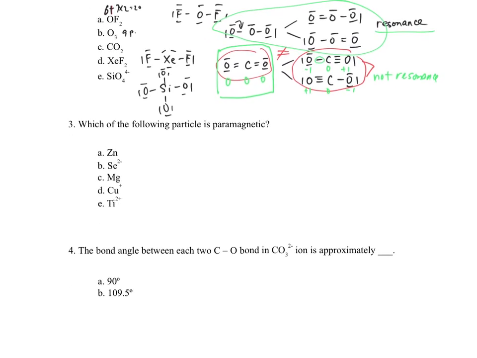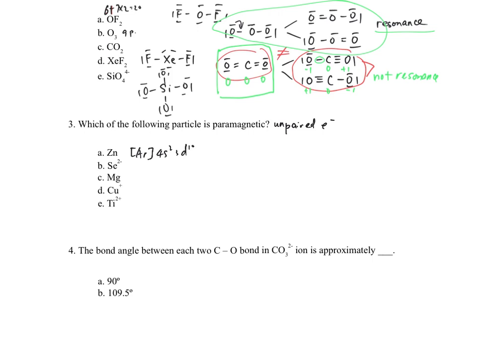All right, next question, paramagnetic and diamagnetic. Paramagnetic means you have unpaired electrons. So you look at zinc. Zinc is argon 4s2 3d10.